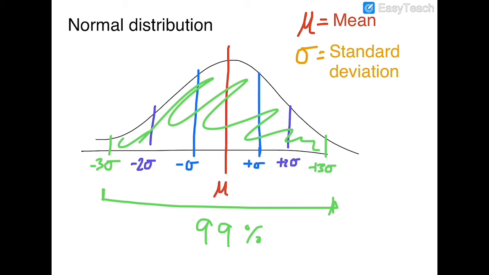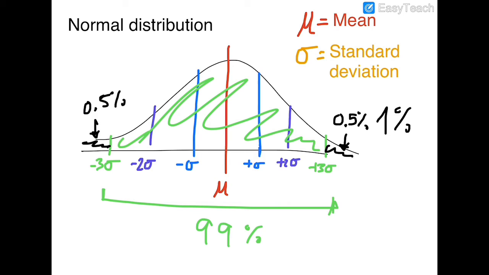So what is outside this, which is this tail and this tail, is going to represent just 1%. So each of them is going to be 0.5%.